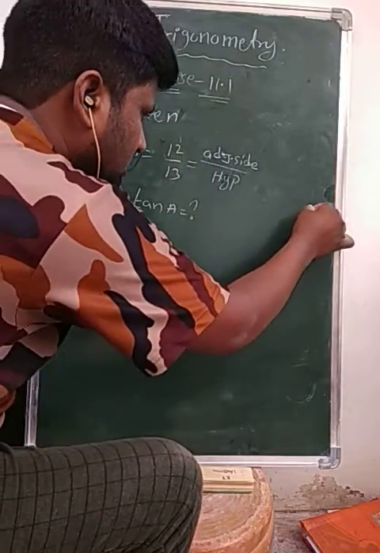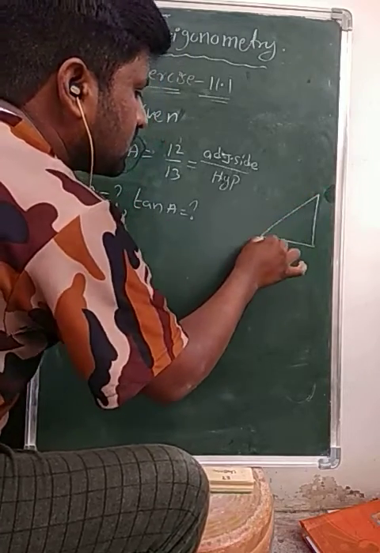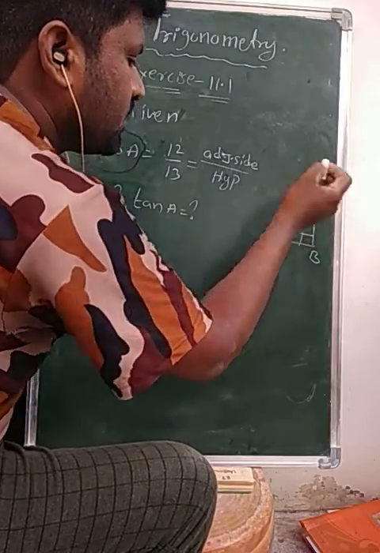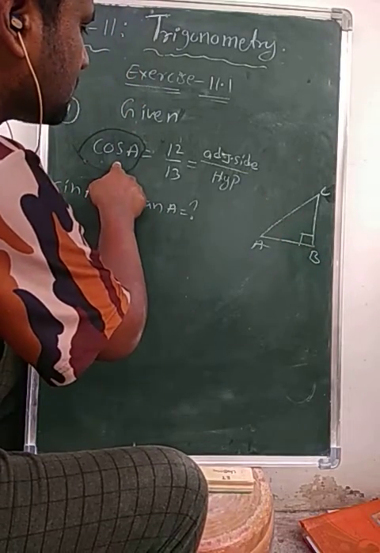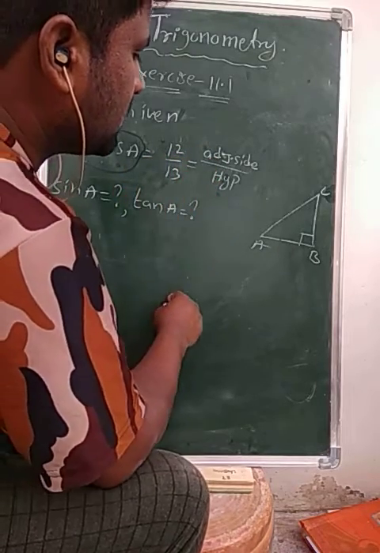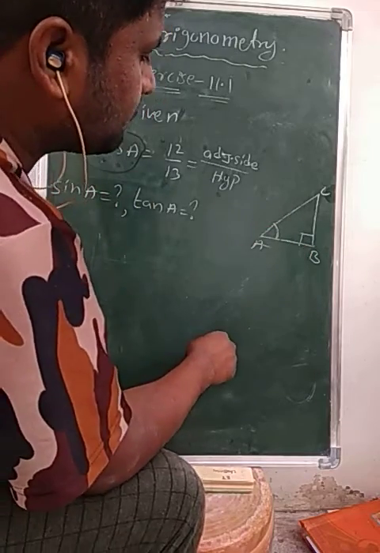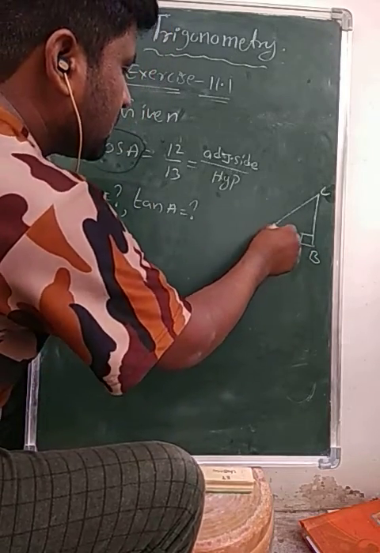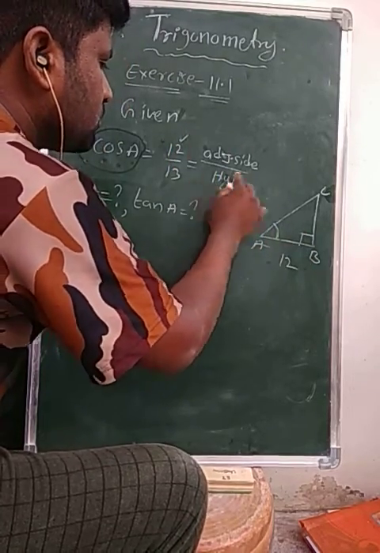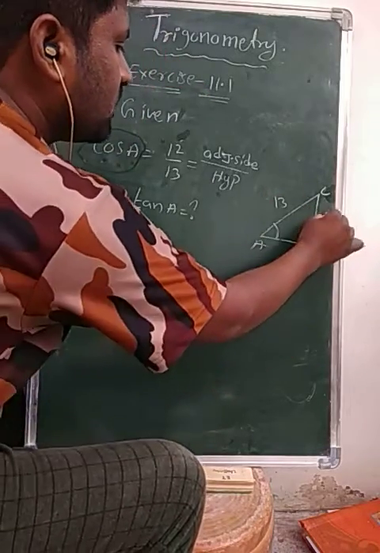I am going to draw a right angle triangle ABC, with the right angle at B. In the cos ratio it is given as 12 by 13, so adjacent side by hypotenuse. With respect to cos A, we are considering angle A. The adjacent side of angle A is AB, that is 12. The hypotenuse, the longest side, is 13. So we need to find BC.